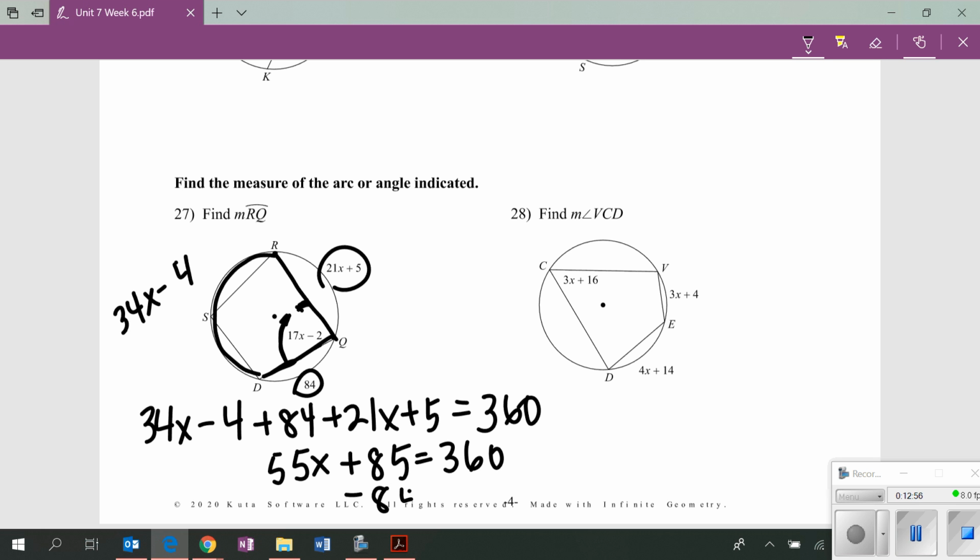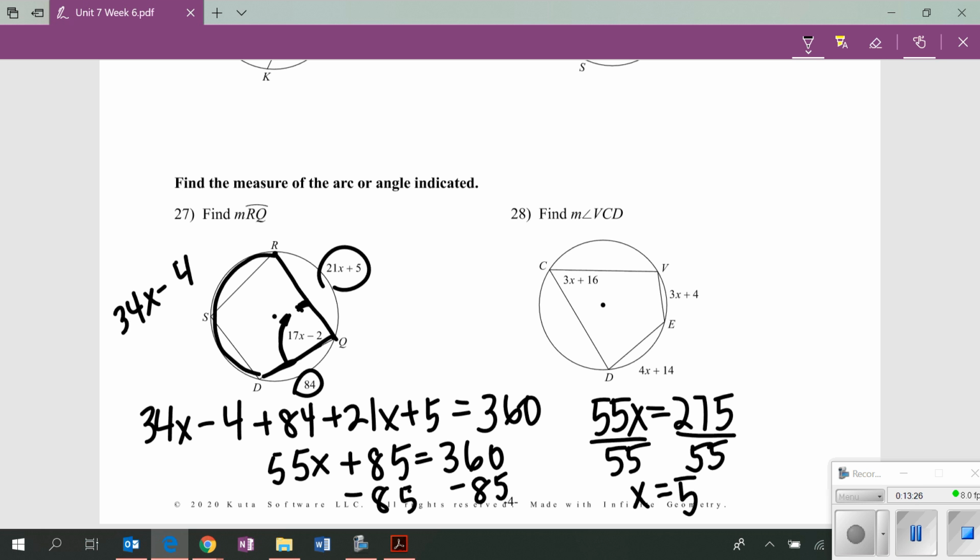Subtract my 85 and I get 55x equals 275. Divide by my 55. And x is going to equal 5.